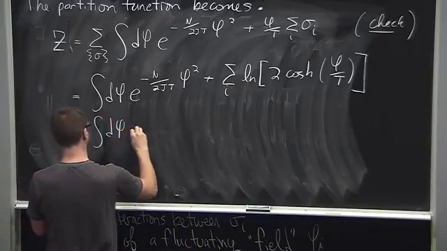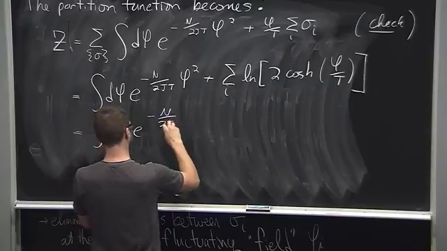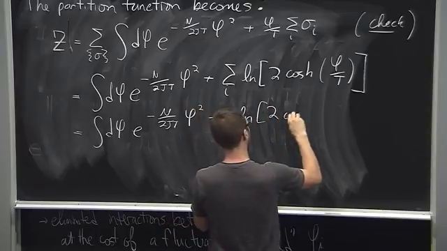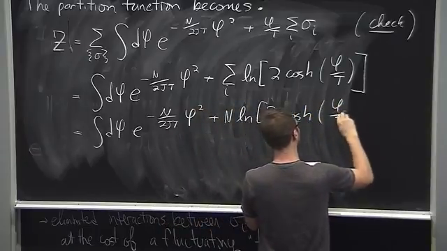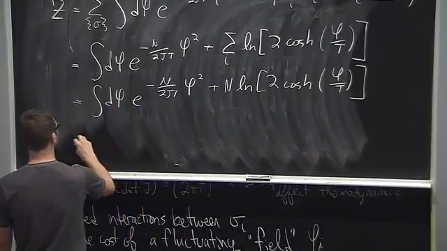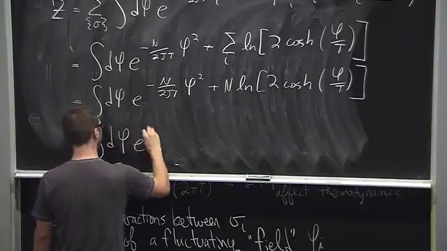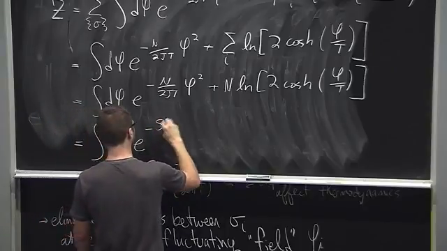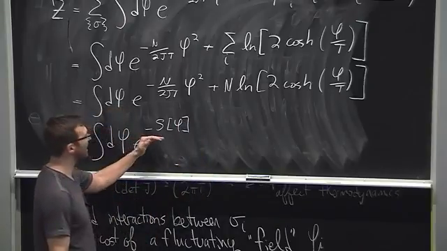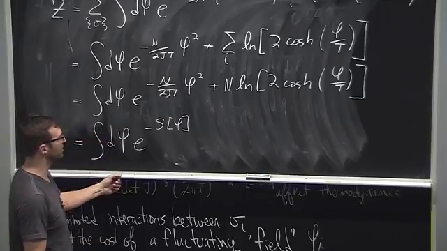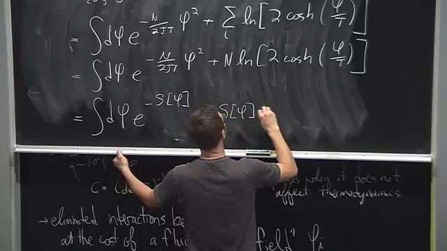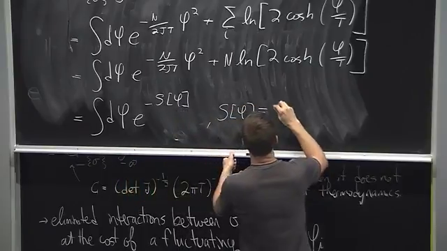So your integral can also be written as the integral of d phi e to the minus S. So this is the action appropriate only for the infinite range model, say, where S is all this stuff here.